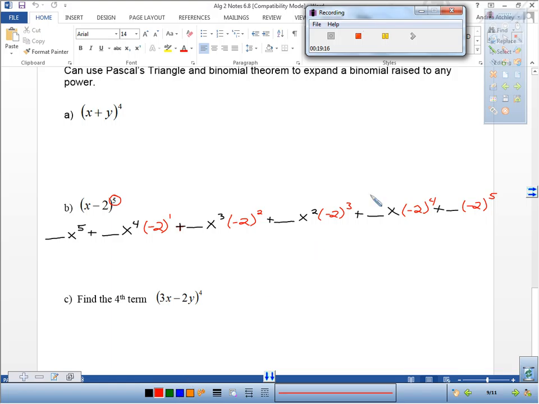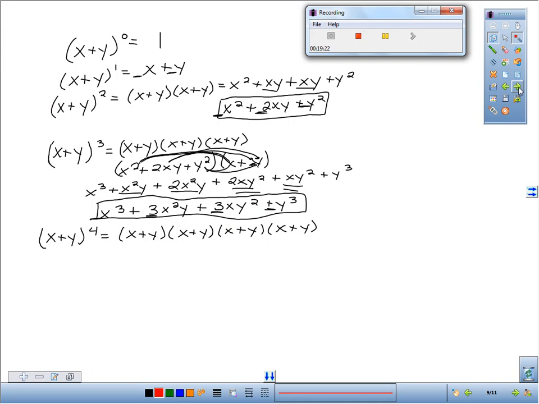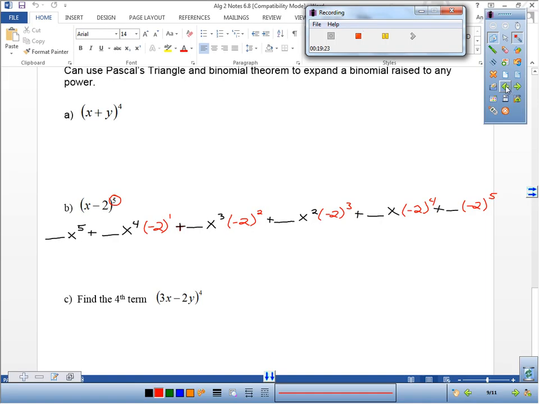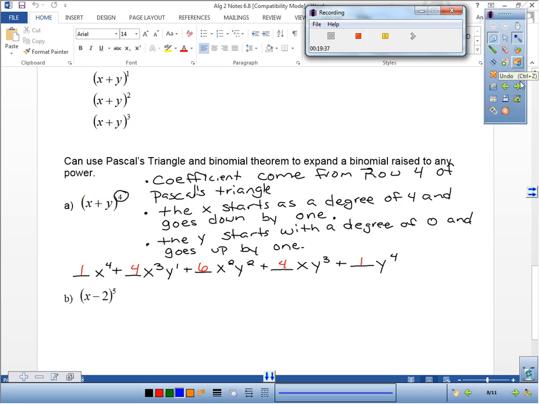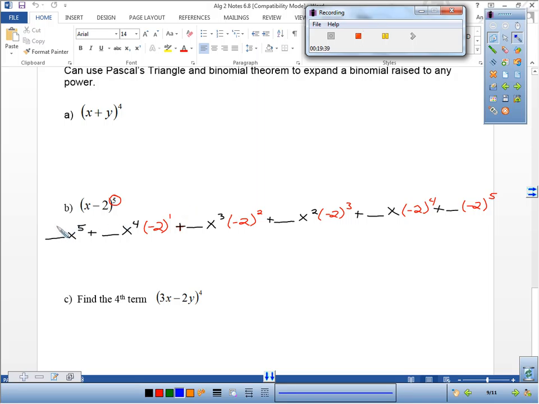Now I'm going to write in our Pascal's triangle. So we're at row 5 now. Row 5 is 1, 5, 10, 10, 5, 1.